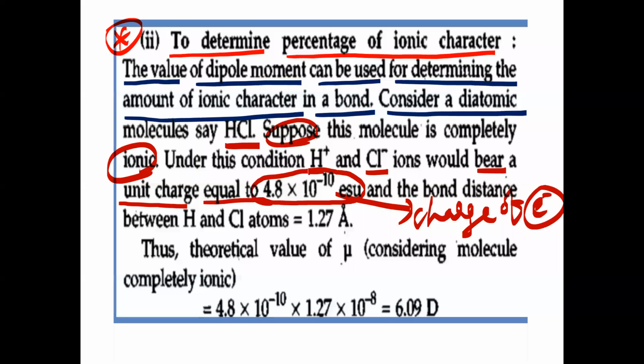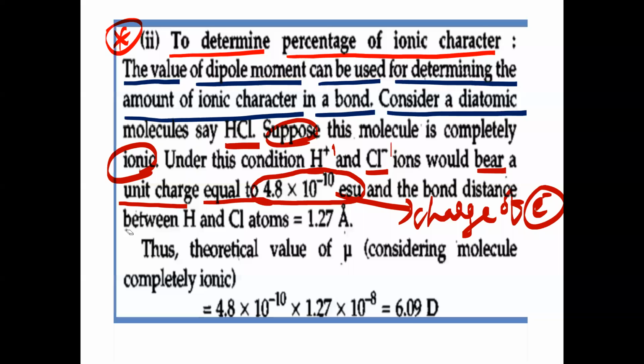If you take the HCl molecule as ionic, there will be an H plus ion with plus 1 charge and Cl minus with minus 1 charge. So 1 is the unit charge here. Both H plus and Cl minus ions would have a unit charge equal to 4.8 into 10 to the power of minus 10 ESU.